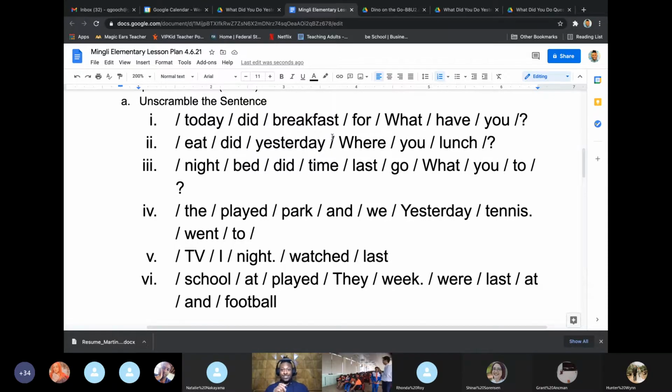Correct. Where did you eat lunch yesterday? That's correct. 怎么样？要做第三题，赶快冲出来。And which group was that? I can't see them anymore. Group B. Now it's Group C. Okay. Where did you go to bed last night?